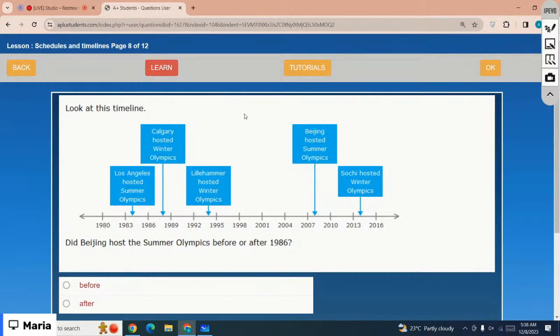The correct option is after, right? Yes, Beijing hosted the Summer Olympics after 1986.